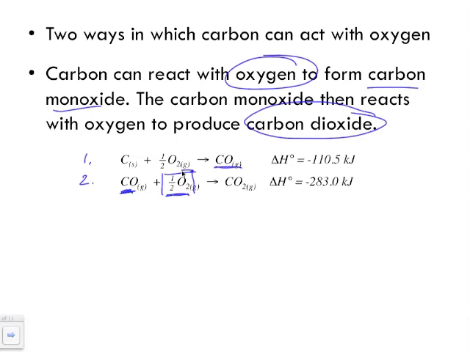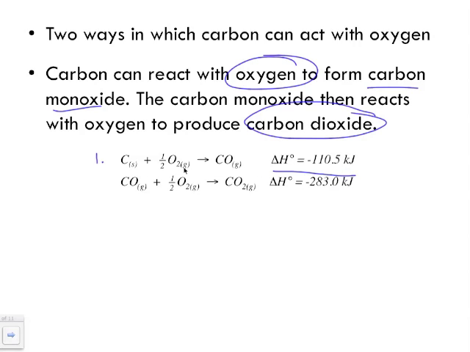So you're going to have two equations that can be occurring within the same reaction. Two things that can be occurring in the same reaction. Now notice here the change in enthalpy. Look at the amount of heat that's given off in this first equation.